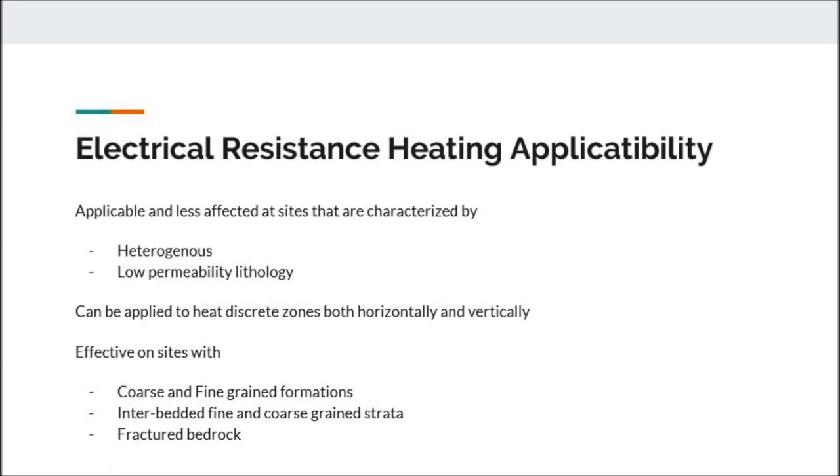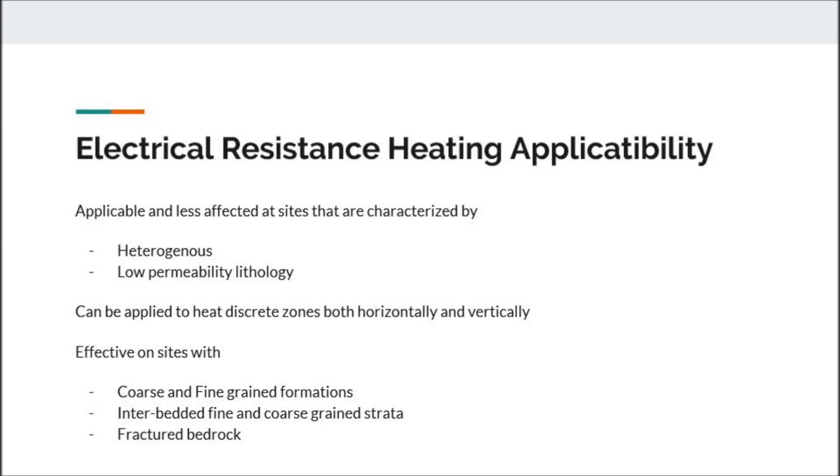The next specific thermal remediation method we're going to talk about and its applications are electrical resistance heating. Typically this is used at sites that are characterized by heterogeneous and low permeability lithology. It's often chosen for low permeability sites because these sites usually limit the use of fluid delivery based remediation techniques.